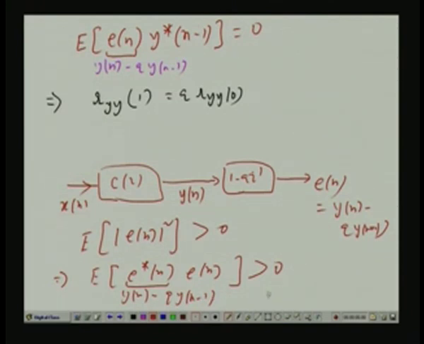The q y n minus 1 E n term becomes 0 and you are left with E of y star n E n greater than 0.